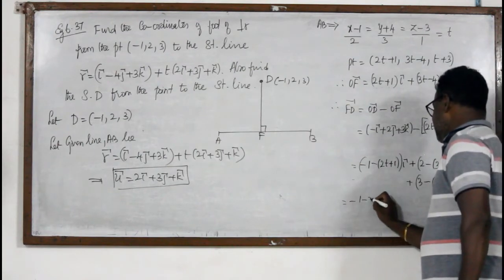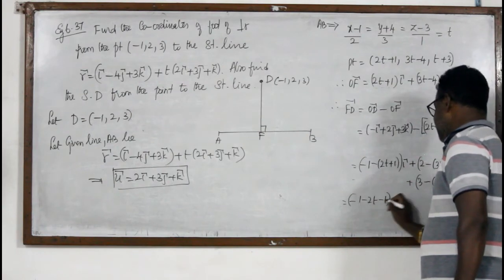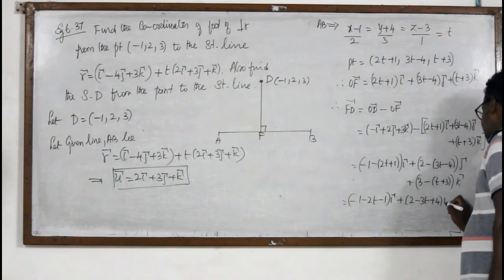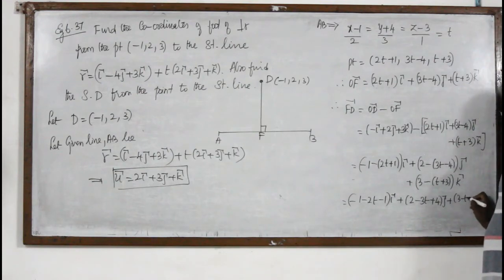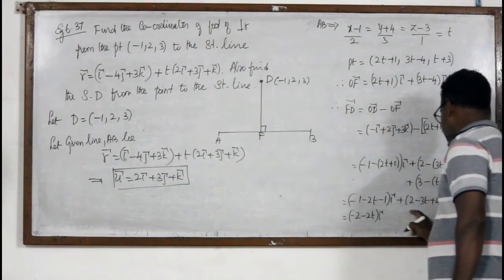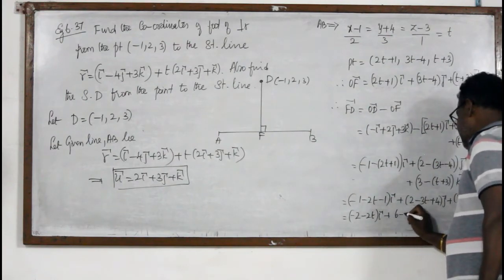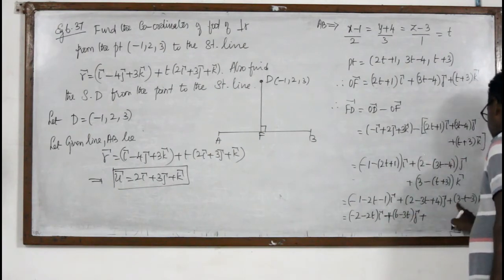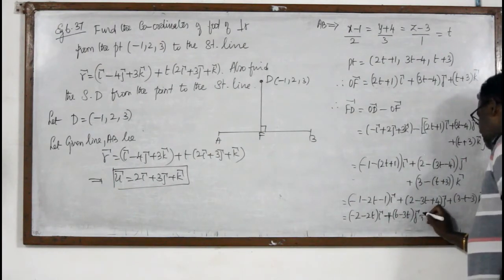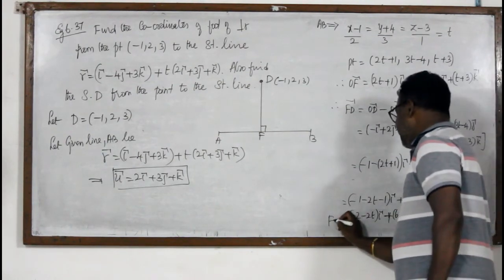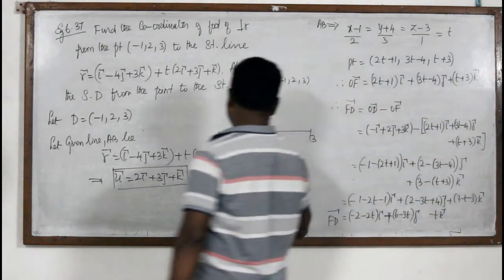It is (minus 1 minus 2t minus 1)i, (2 minus 3t plus 4)j, (3 minus t minus 3)k. It is (minus 2 minus 2t)i, (6 minus 3t)j, 3 minus 3 cancels, minus tk. This is the FD vector.